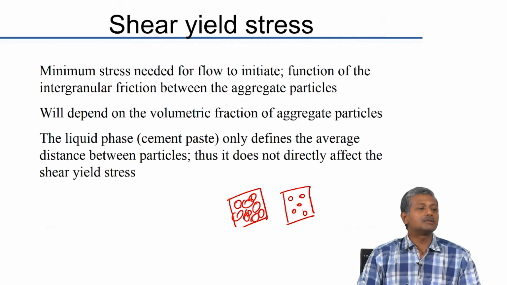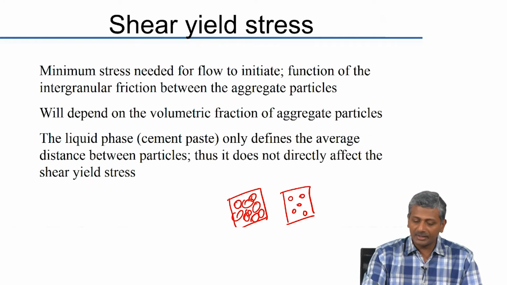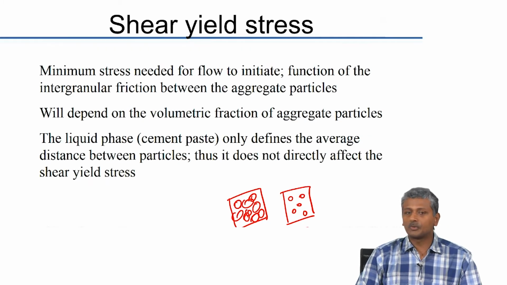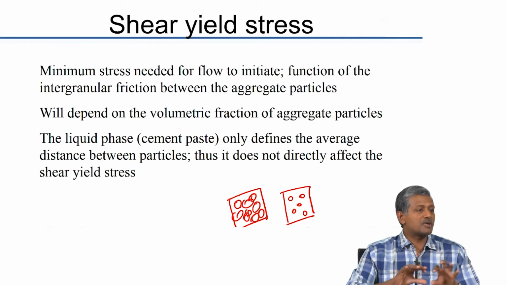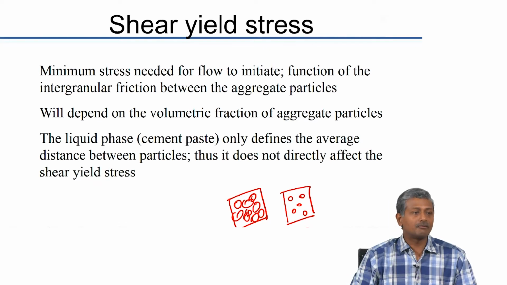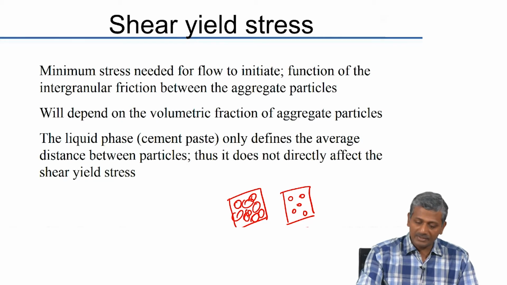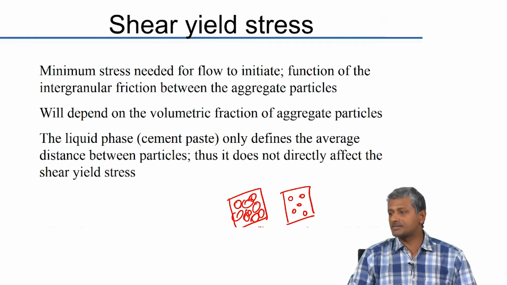So, when we deal with systems that have more water, we essentially get this sort of a response, right. When we increase the water content, we are increasing the space between the aggregate. So, we are causing it to flow much easier. So, we are overcoming the intergranular friction quite easily. Alternatively, you can also have the same system and still make it flow a lot more by using superplasticizer.